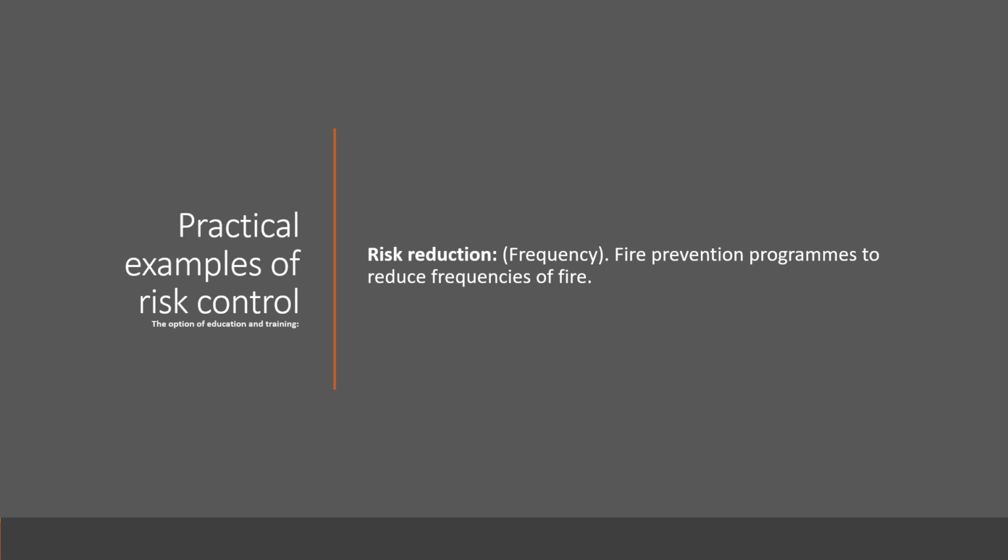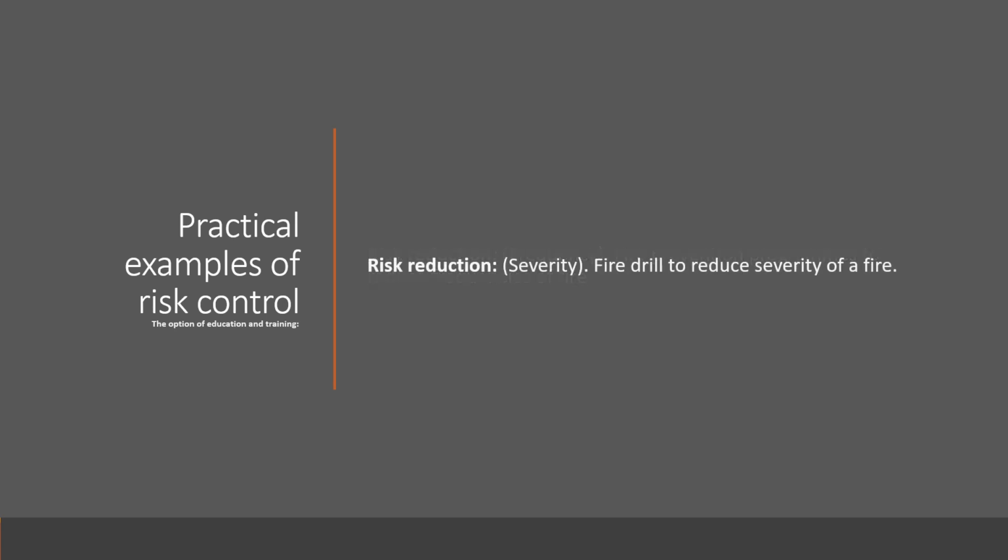Risk reduction in terms of frequency or likelihood, fire prevention programs to reduce frequencies of fire. Risk reduction in terms of severity or consequence, having a fire drill to reduce the severity of a fire. And finally, risk transfer, having appropriate supervision.